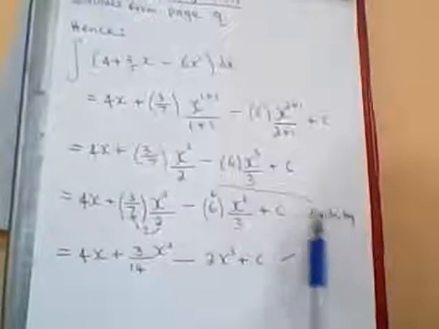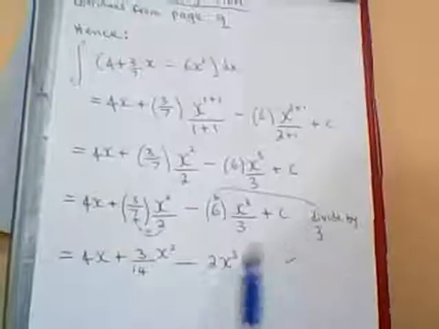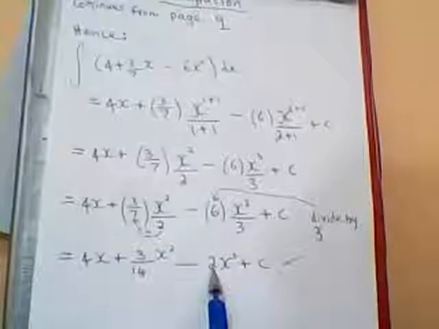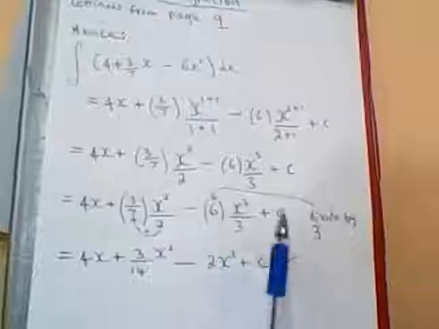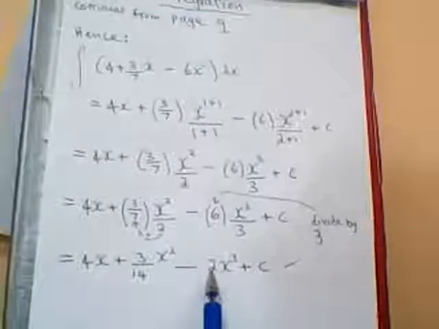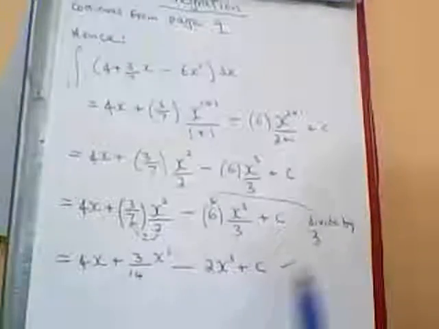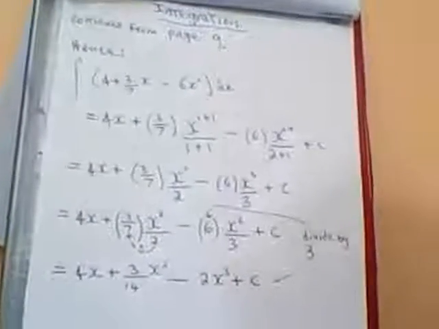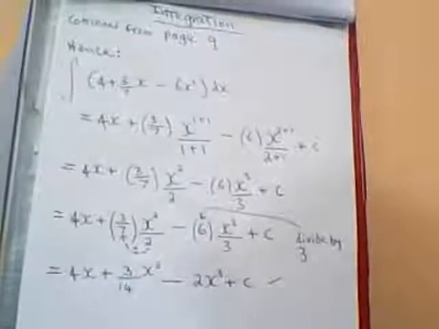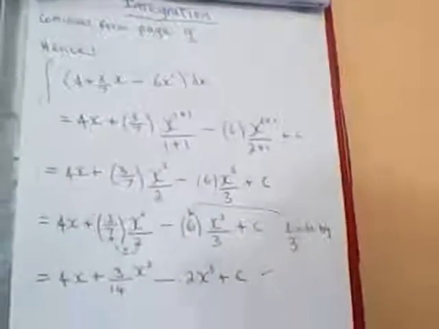Now, here I've divided the 6 by 3, which gives me this value here, 2x to the cube plus c constant. And that is your solution in regards to that question which has been asked.